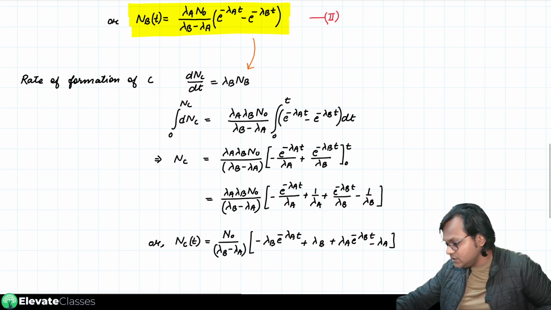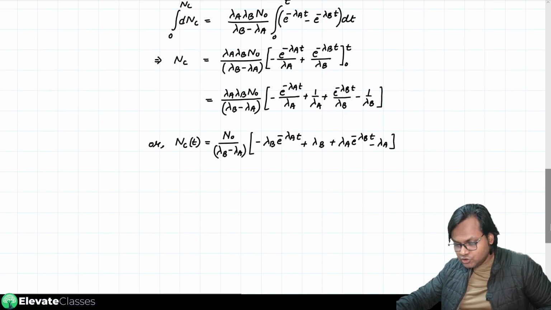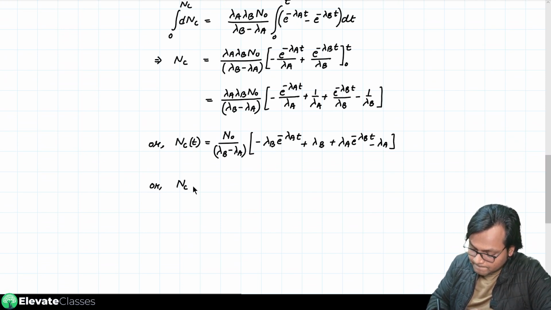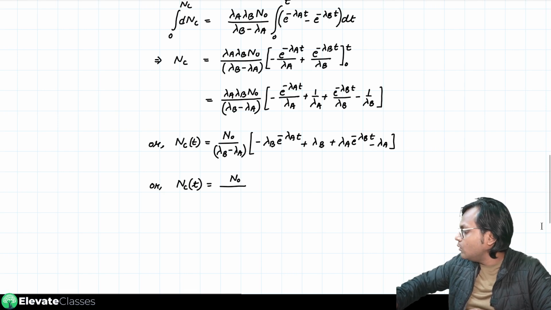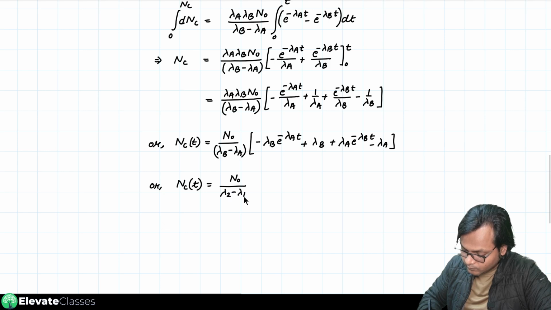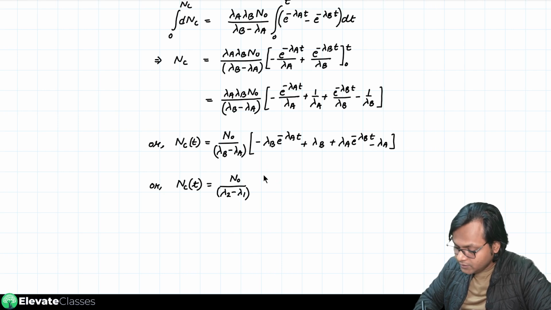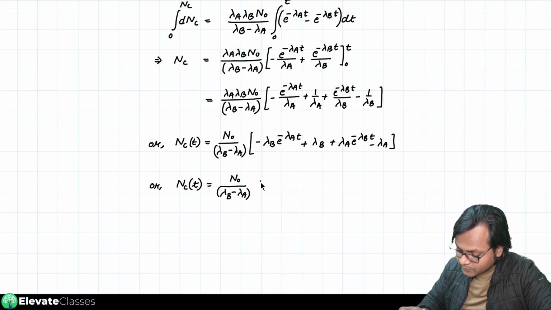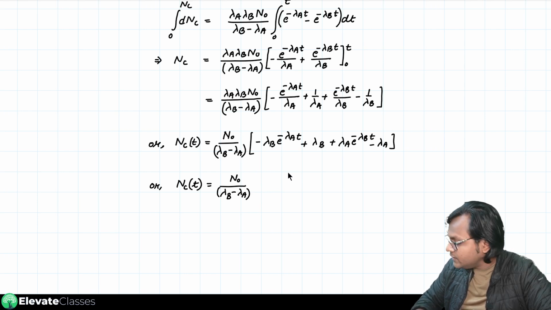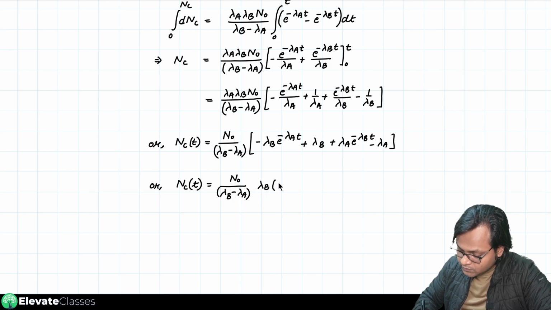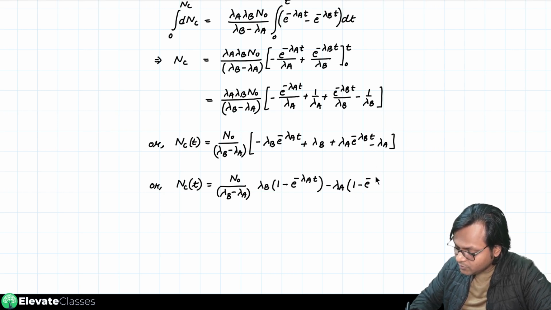If I organize all of this into one expression, finally it should look something like N naught upon lambda b minus lambda a, and then, if I take lambda b common, this becomes 1 minus e to the power minus lambda at, and if I take lambda a common, this becomes 1 minus e to the power minus lambda bt.